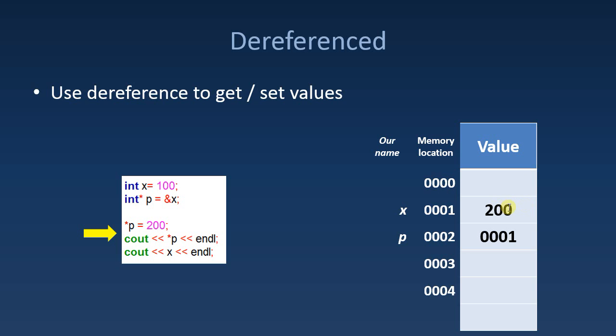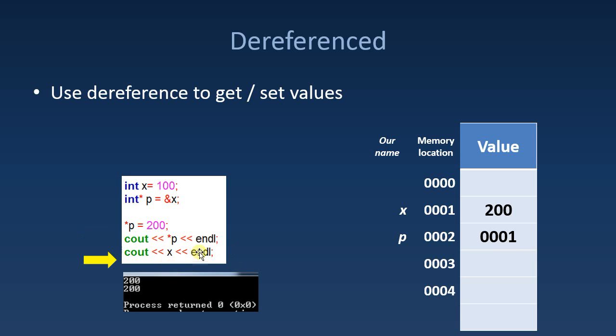So we run that line of code, and we actually change x. If I then print out what p points to, I take the address stored in p, dereference it, go to that address, get the 200, and print that out. And if I print out x, I'd print out 200 because it's actually been changed. p pointed to x, so when we changed the value that p pointed to, we really changed x.